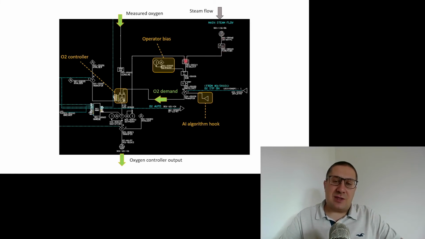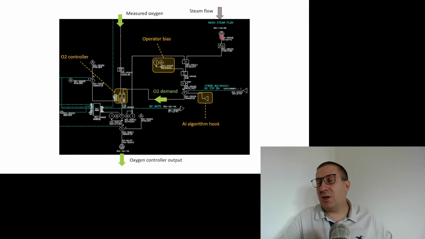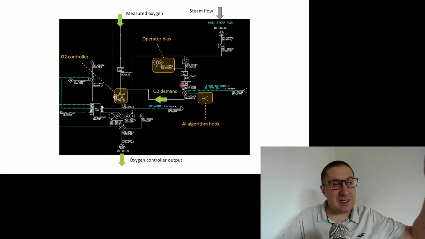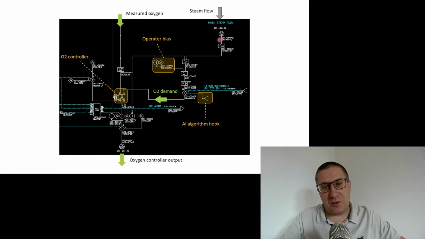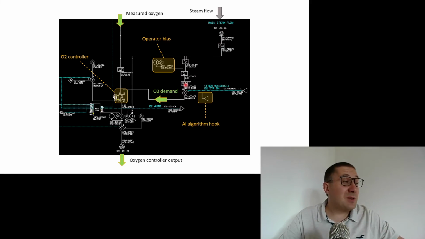So the control system tells us that when there is a high unit load, we can have 2% of oxygen. When there is a low unit load, we can have, let's say, 3% of oxygen measured on the stack.